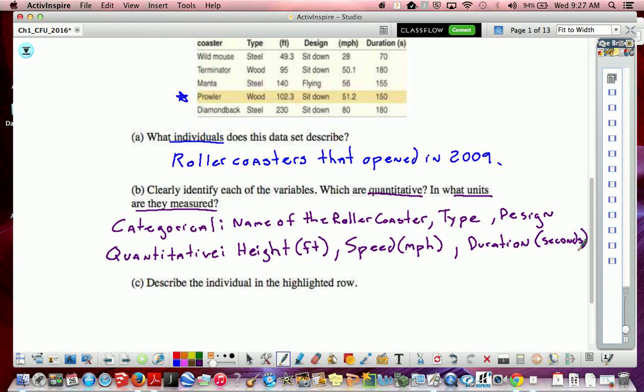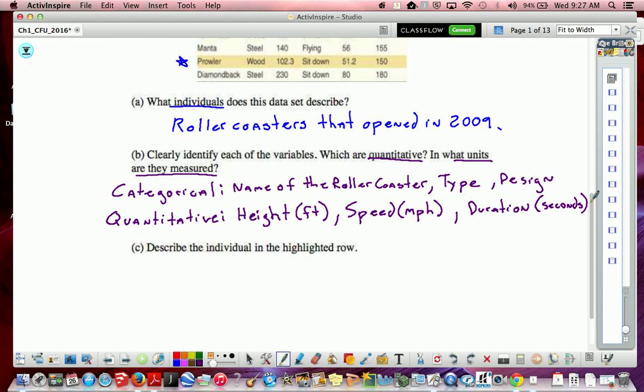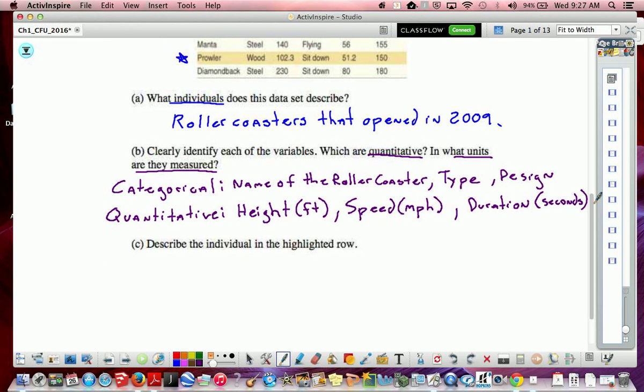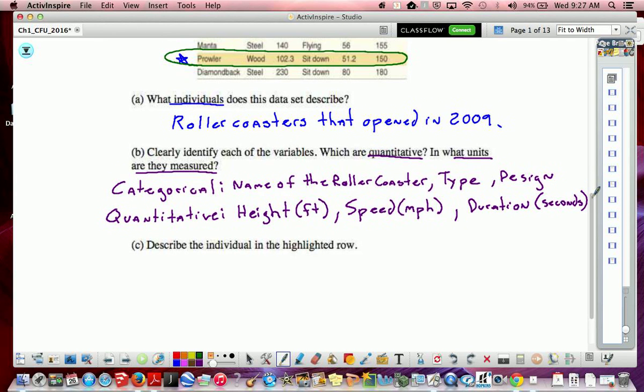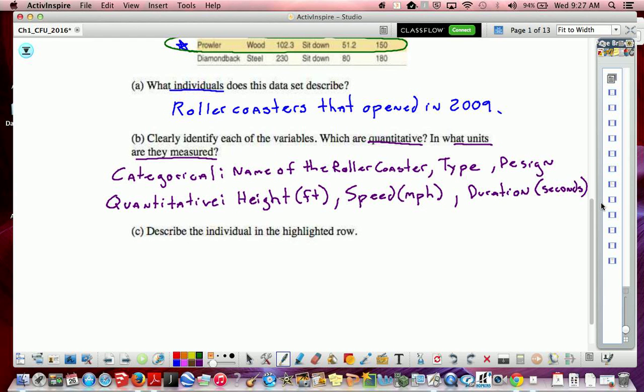So now, question C asks you to describe the individual in the highlighted row. So now I'm looking at everything that's in there. I want to make sure that I mention everything. So we just want to write a quick sentence that covers all of those pieces.